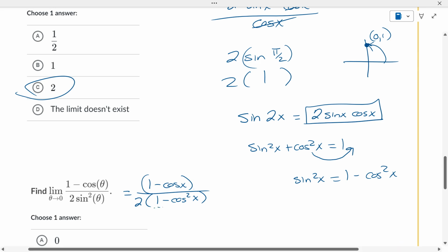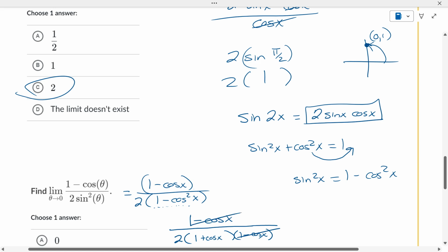Now, what can I do with this bottom here? What's 1 minus cosine squared? That can factor, right? How does that factor? Starts with a D. Difference of squares. 1 plus cosine of x, 1 minus cosine of x.